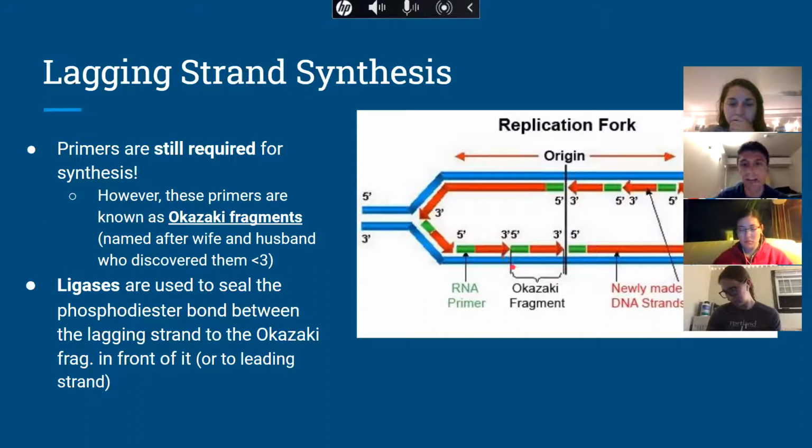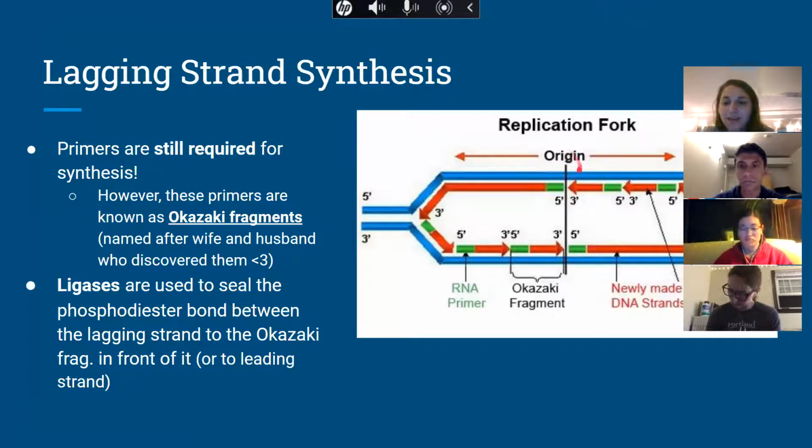In other words, ligase fuses all of the Okazaki fragments and the newly synthesized strands together by catalyzing a phosphodiester bond. It's the glue. Ligase is the glue. Do you guys have any questions on that?